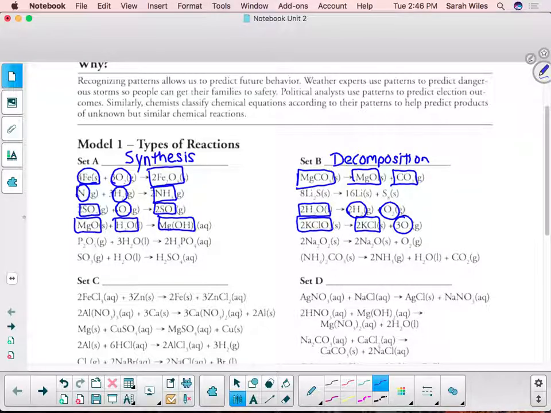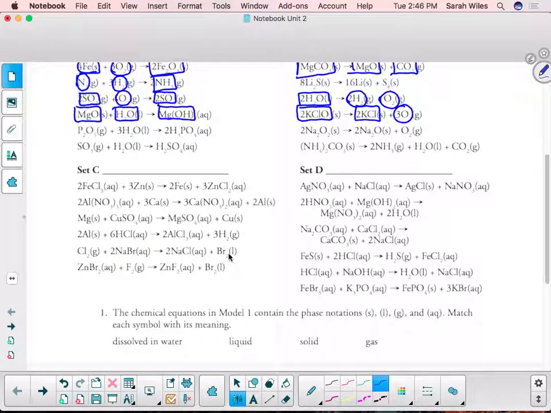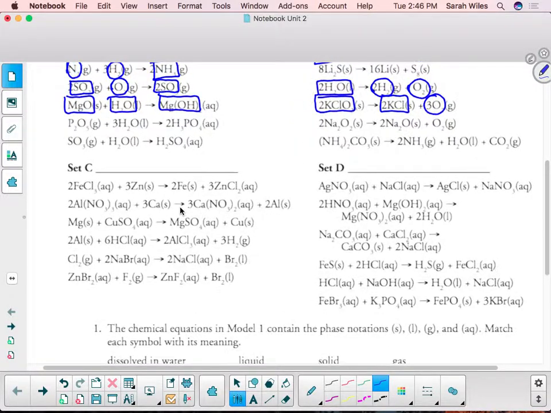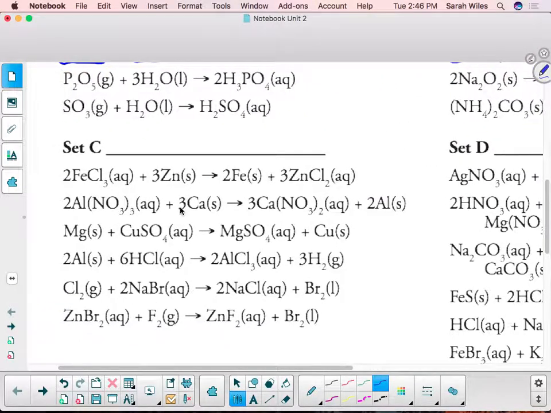Okay. Single replacement and double replacement only deal with ionics. Like ionic compounds. Got it? Single replacement and double replacement only deal with ionic compounds. Ionic compounds always have a cation and an anion. The cation is the metal, the anion is the nonmetal, or sometimes the polyatomic. Right? Okay, so I'm going to use the same color coding system that I used last unit, where my cations are blue and my anions are green.